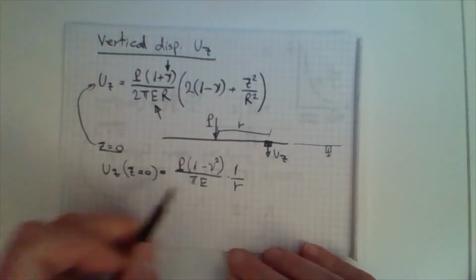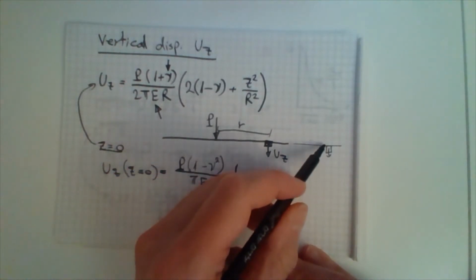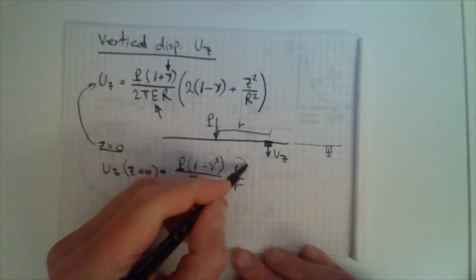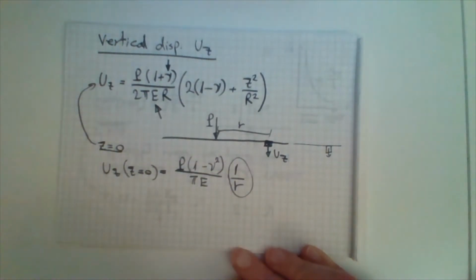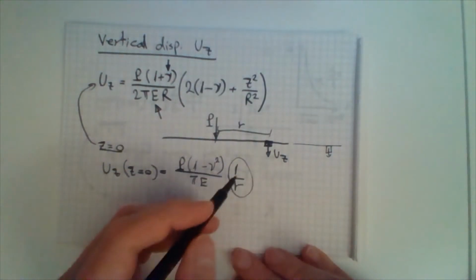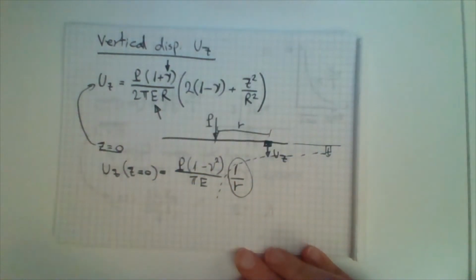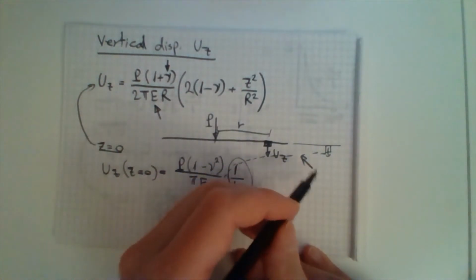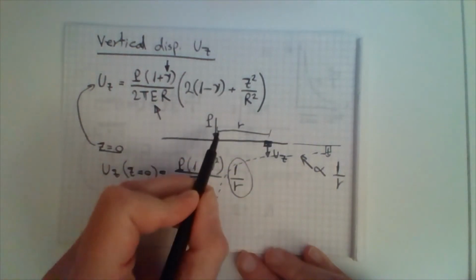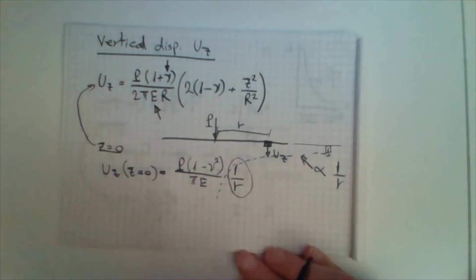So what we can see here is that the surface displacement downward is decaying in a way that is proportional to 1 over the radial distance from the point of force application. If I were to plot this displacement, it would look like so, and this is proportional to 1 over r, where r is the radial distance from the point of force application to the point of evaluation.